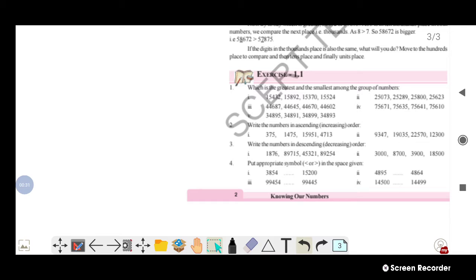Then see the numbers. First one they given as 1876.